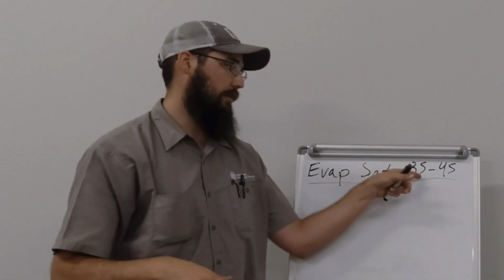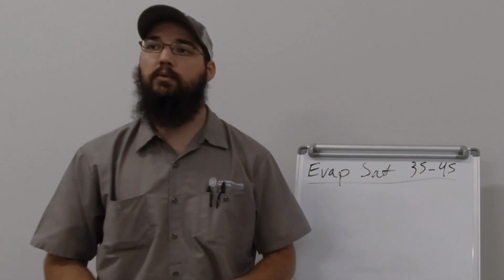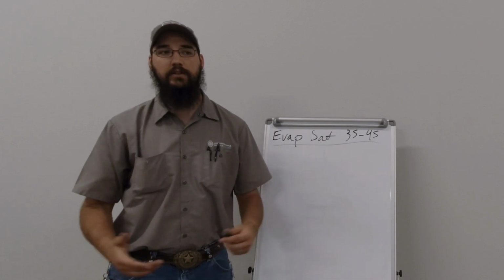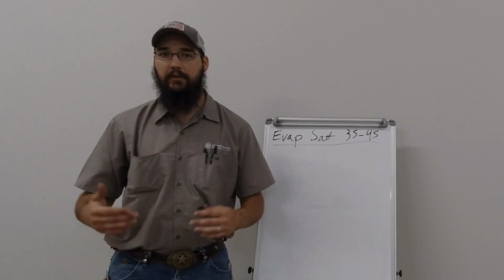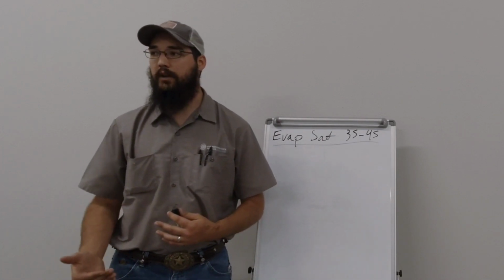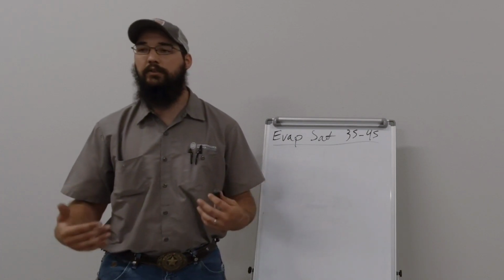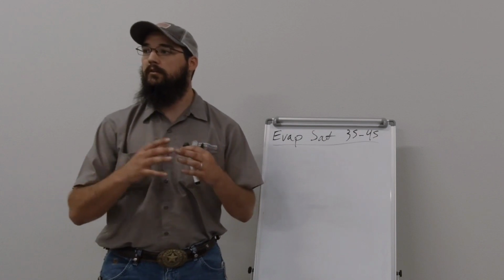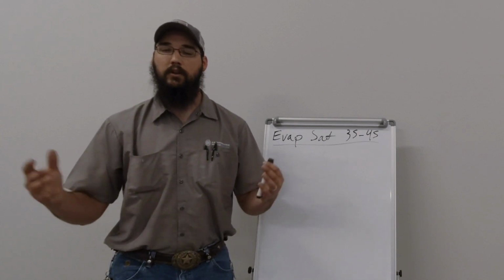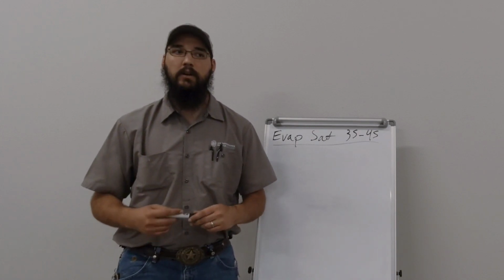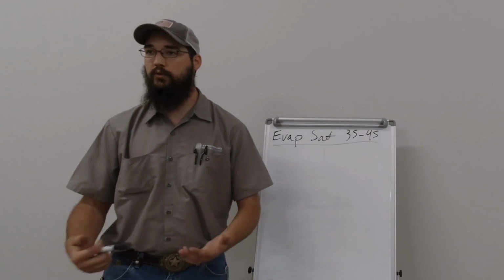That's part of why these saturation temps are very important. When we start talking efficiency on a system, that efficiency is built off of that compression ratio. The higher that ratio, the more energy that compressor needs to use to move the refrigerant. The lower we can make that ratio, the less work the compressor is doing.